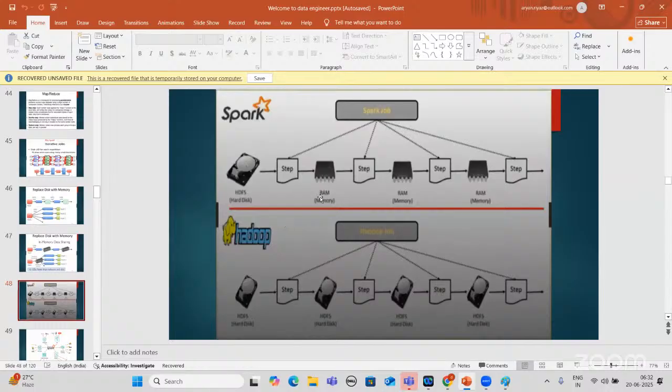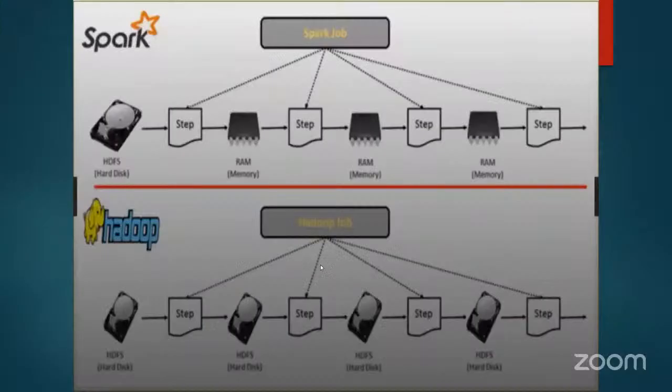What Spark does is work directly in the in-memory process. You can see here, only one time we are taking data from disk, HDFS or anywhere. After that, every operation happens entirely inside RAM. RAM is temporary memory.